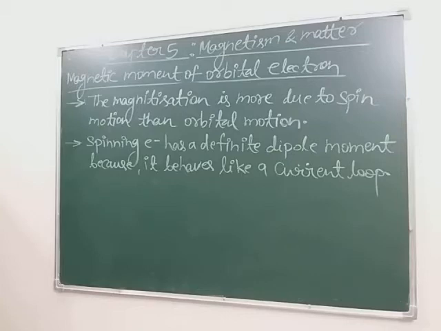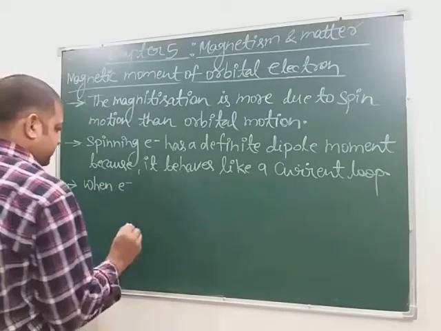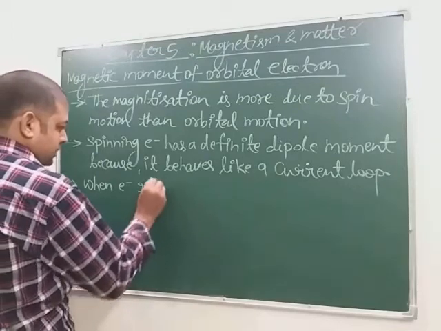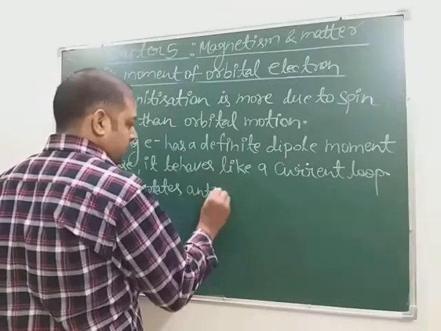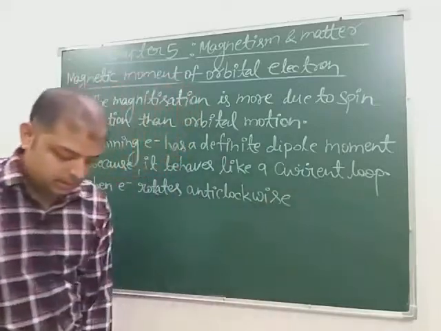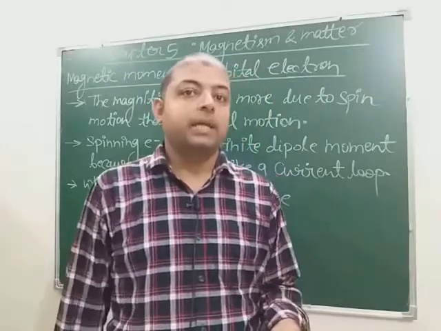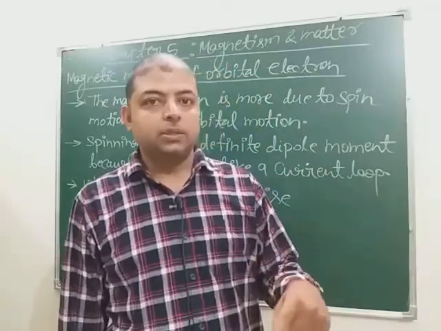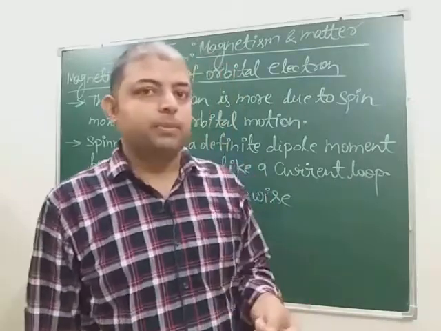When the electron rotates anti-clockwise, the direction of current is clockwise. The direction of current is opposite to the direction of motion of electron. We know this very well, that the direction of current is plus to minus, so this direction is always opposite to the motion of electron.